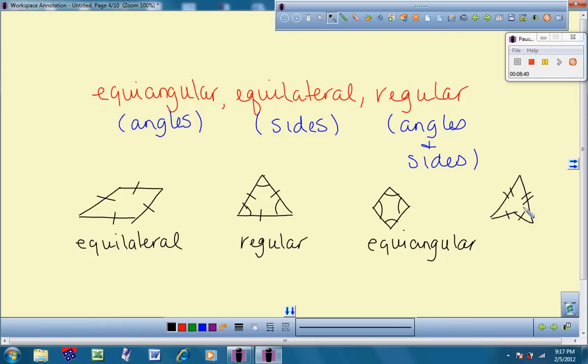No angle measurements are given to us to show congruency. And here we know we have 1, 2, 3, 4 sides of a polygon. However, not all 4 sides have the same marks, therefore they don't have the same measurements. So we would say that this polygon does not meet any of the criteria listed above. So we're just going to say it's neither of the above.